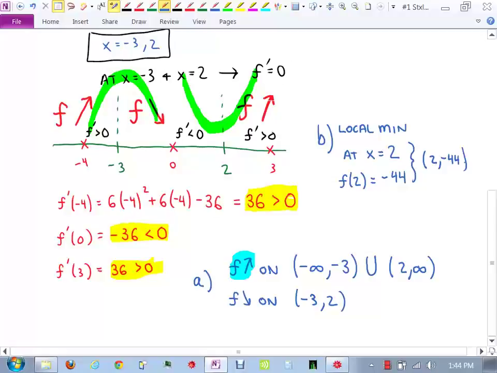And then what about local max? Where is it happening? -3 is the x value. And then plug that -3 into the function.